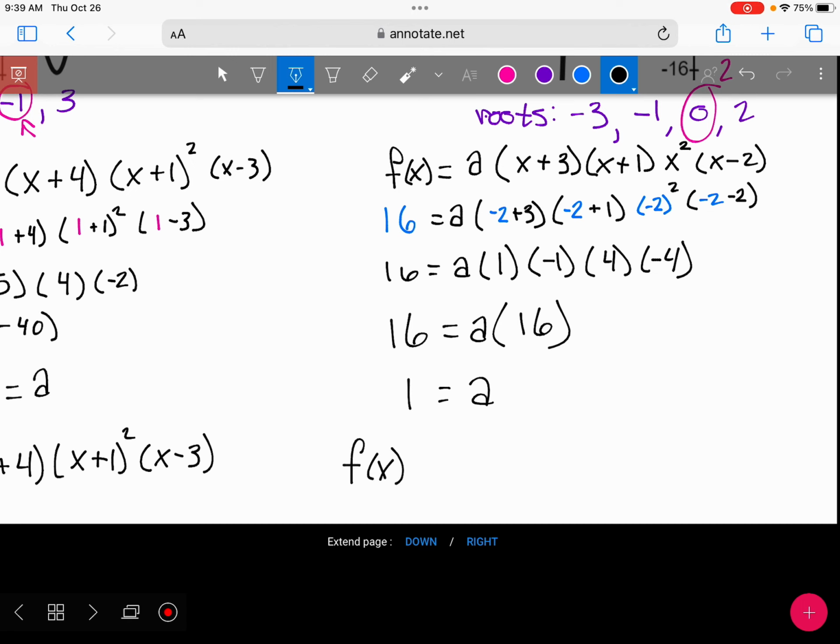F of x equals, and you don't have to write the 1. It's always an assumed 1 if there's nothing there, so you can just skip the A. If you want to write it, you can. But you don't have to. Cool.